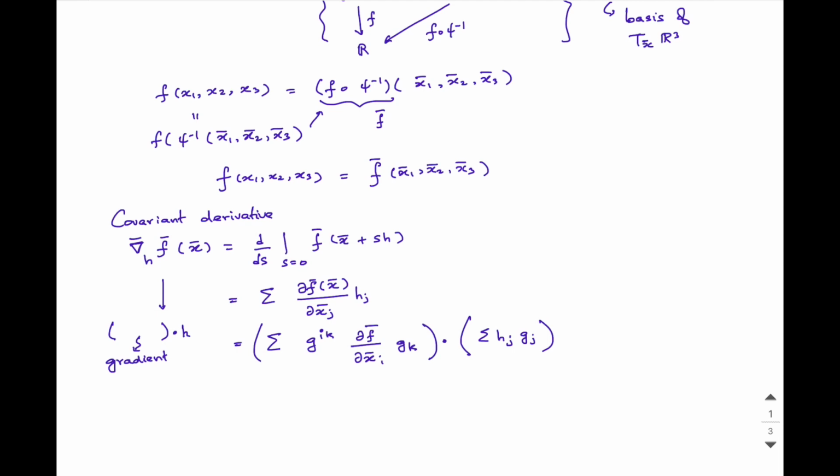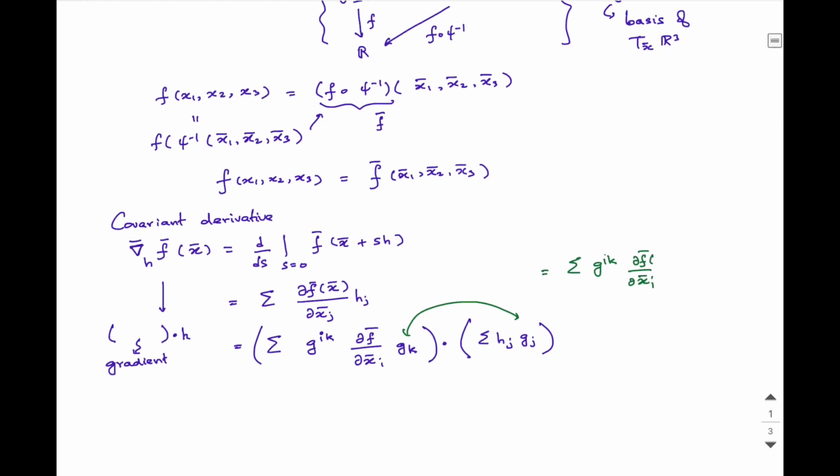And how do we justify this? So notice that if I take the dot product of these two terms, you're going to have the dot product of these two vectors. So it's going to be summation of g^ik partial f bar by partial x bar i. Again, when I write partial f bar by partial x bar i, I implicitly assume that this is a function of x bar.